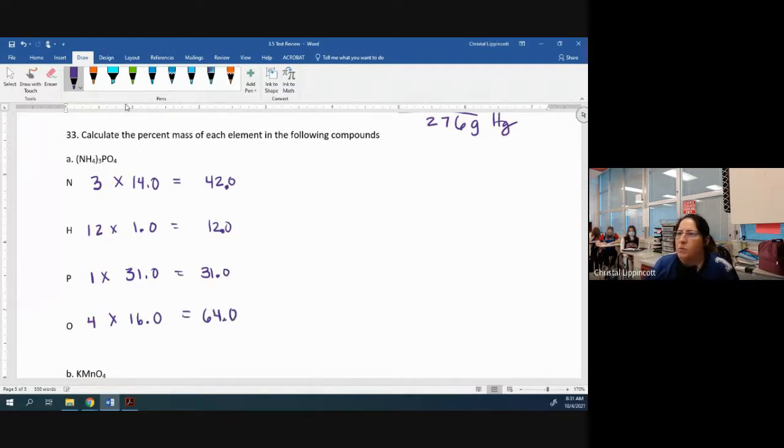Okay, so those are my parts. How do I get my whole? Add them together. So I got 149 when I added those together. So I'm going to divide each thing by 149.